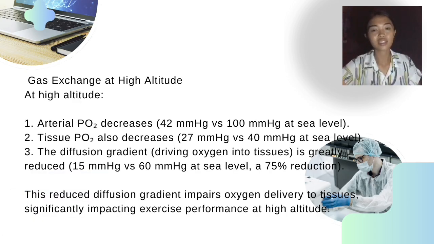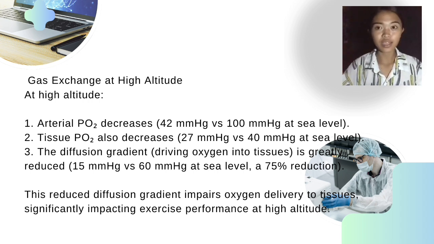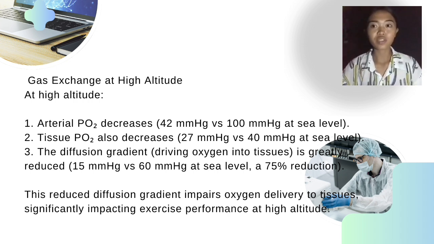And gas exchange at high altitude: first, arterial PO2 decreases, 42 mmHg versus 100 mmHg at sea level. Second, tissue PO2 also decreases, 27 mmHg versus 40 mmHg at sea level.